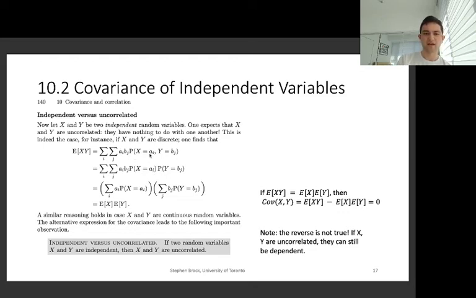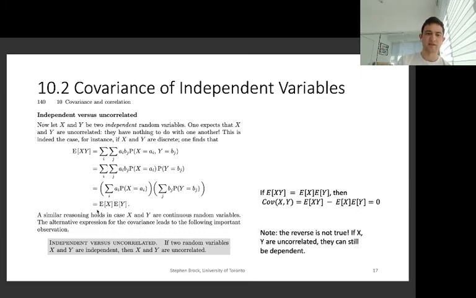If they're independent, then the joint distribution is equal to the product of the marginals. And if we're summing over all the i and j indices, we can separate that because i and j are separate. So now we have the summation over i of ai times probability of x equals ai, and the summation over j of bj times probability of y equals bj, and that's expected value of x times expected value of y.